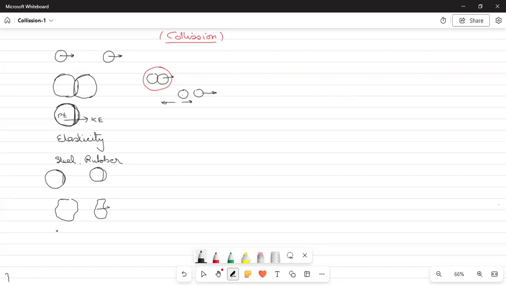So it is not elastic. Now, why did we come to this point of elasticity? Because in our chapter, we are considering perfectly elastic collision.